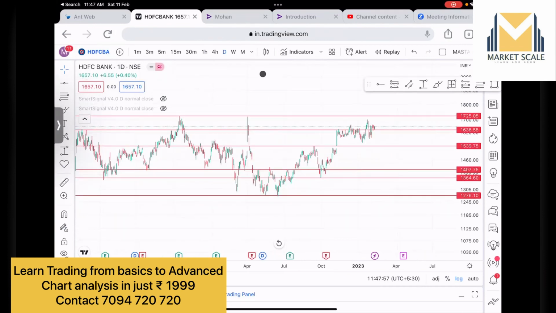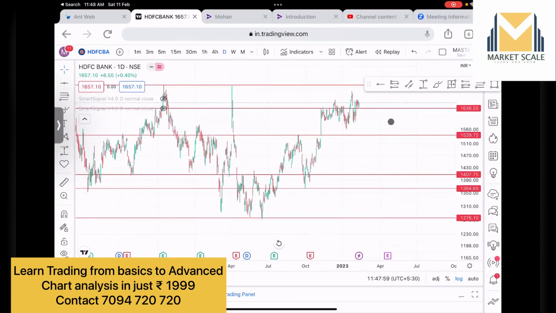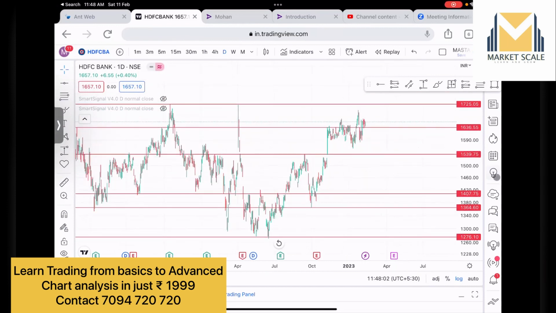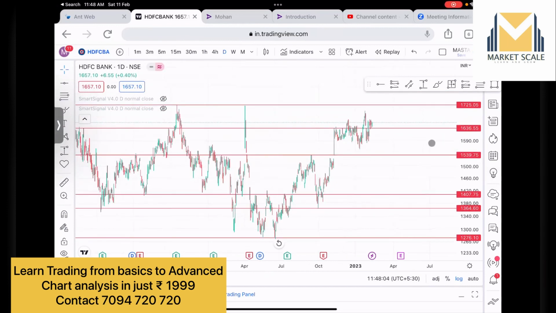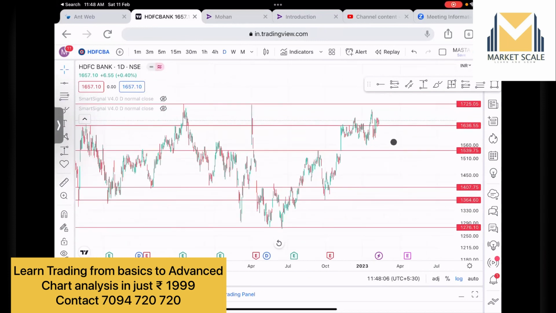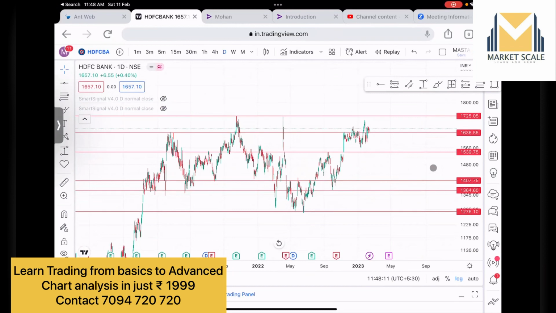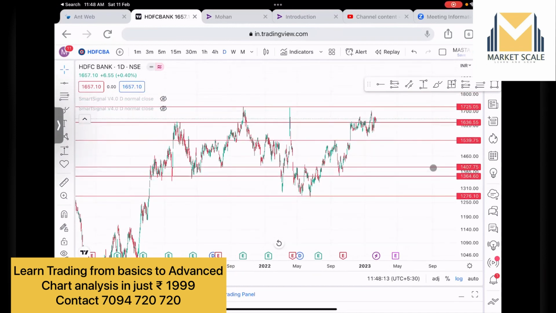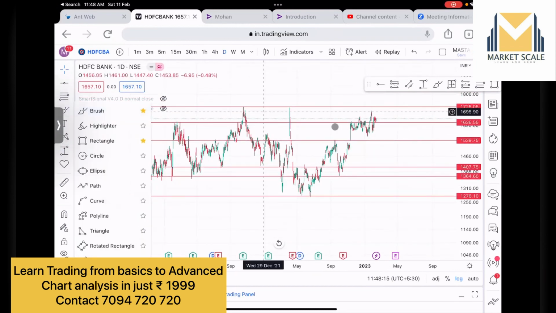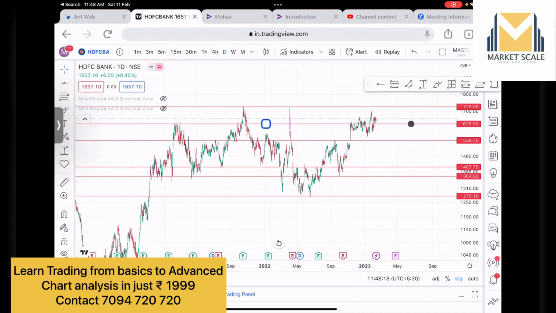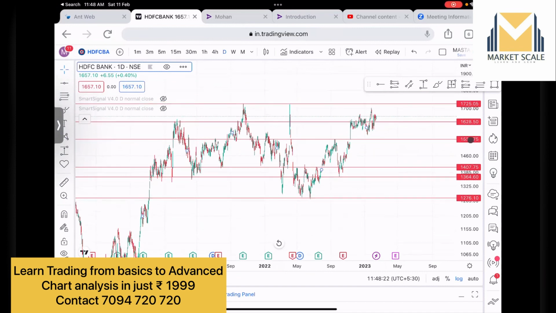So, Vandana, what we have to know is what will happen now? Deepak, any idea on the current price, what will happen next? Either it will reach 1725, or if it doesn't reach, it may bounce back to 1628.